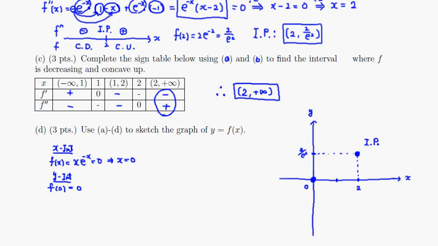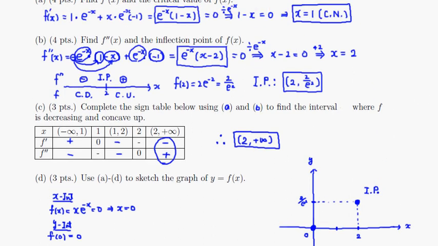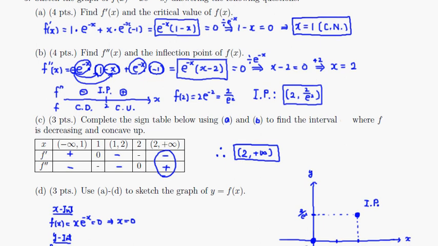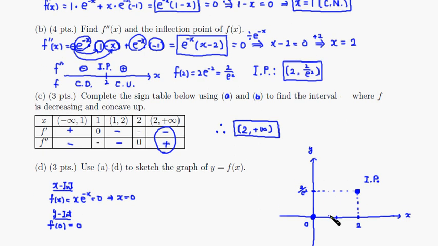Also we have a critical number. The critical number is at 1, so maybe we should find the point corresponding to that. So x equals 1 is here, so plug in f of 1. That's going to be 1 times e to the negative 1, which is 1 over e.